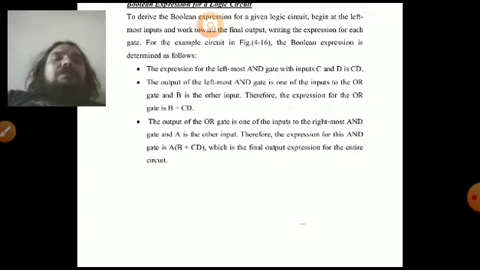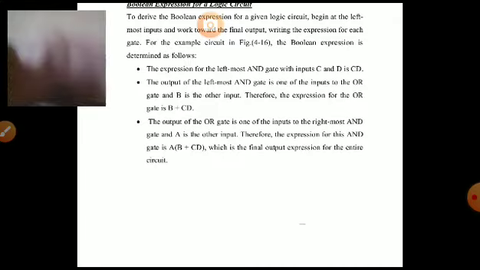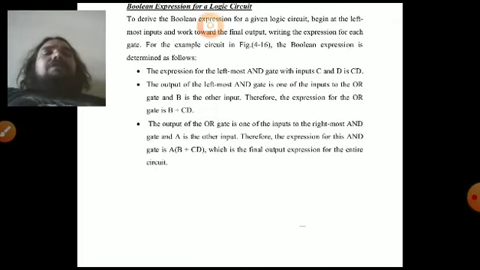Next, the output of the OR gate is one of the inputs to the rightmost AND gate and A is the other input. Therefore, the expression for the AND gate is A into B plus CD, which is the final output expression of the entire circuit.